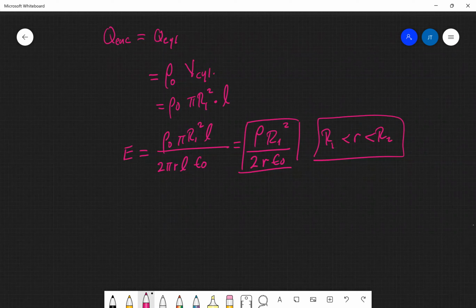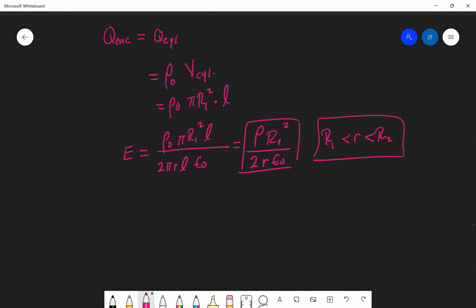Whether it's 1 over r squared, 1 over r, or 1 over r cubed, we have to go with the math. But we are outside the cylinder, and the electric field must diminish because we are not accumulating any more charge as we go farther away from the cylinder.